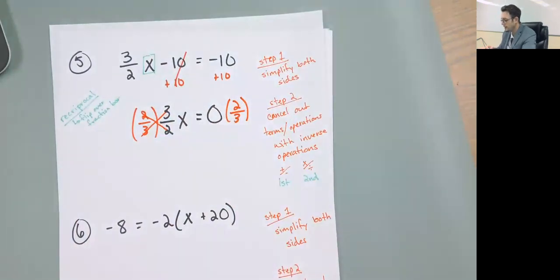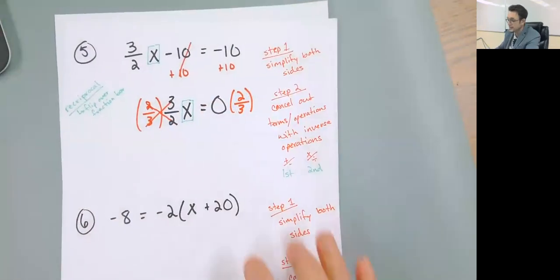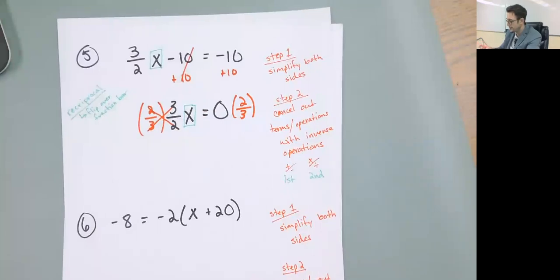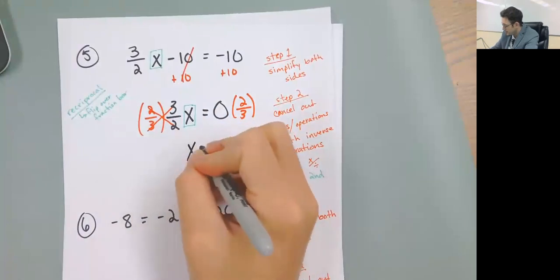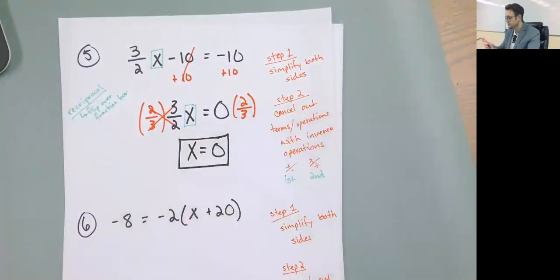Well, hopefully everybody knows that 0 times anything is 0. All right? 0 times anything is 0.